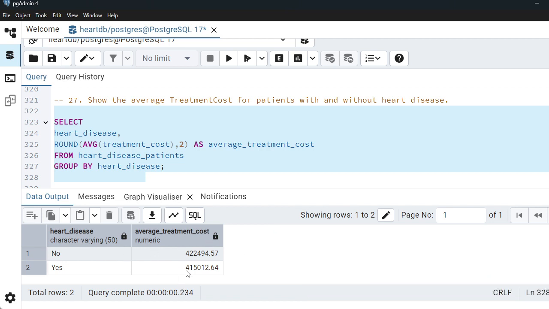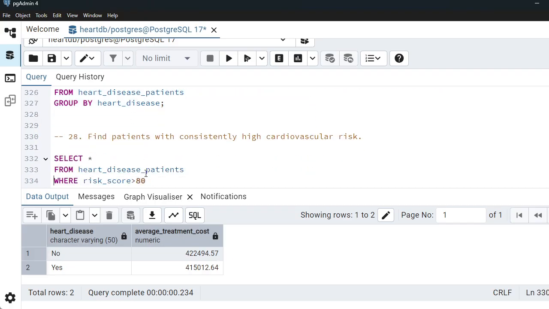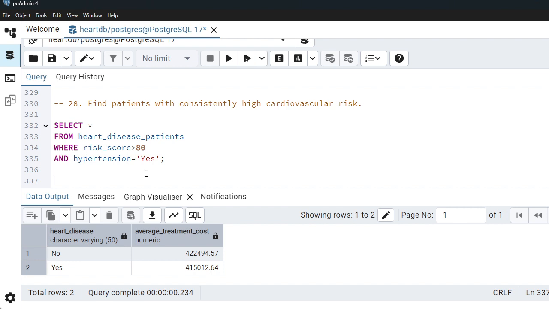For those with heart disease it is 415,012.64, and for those that don't have heart disease it is 422,494.54.